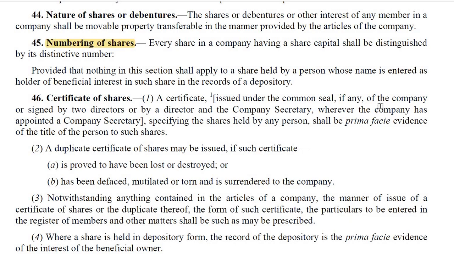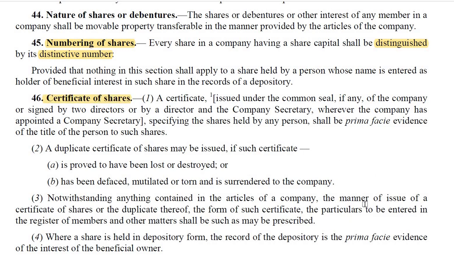Every share in a company having a share capital shall be distinguished with a distinctive number, provided that nothing in this section shall apply to a share held by a person whose name is entered as holder of beneficial interest in such share in the records of a depository.